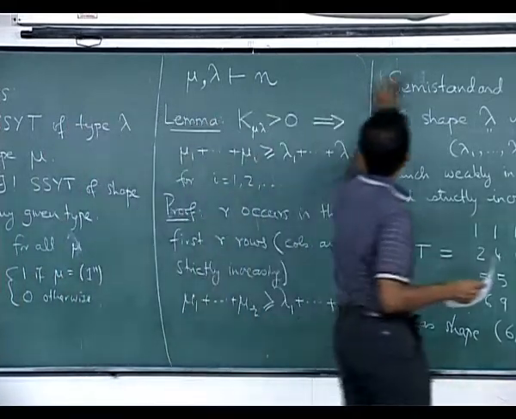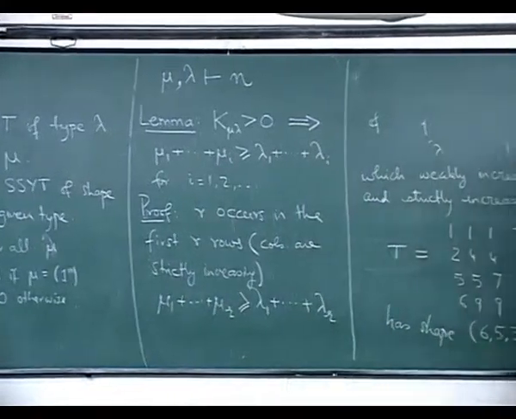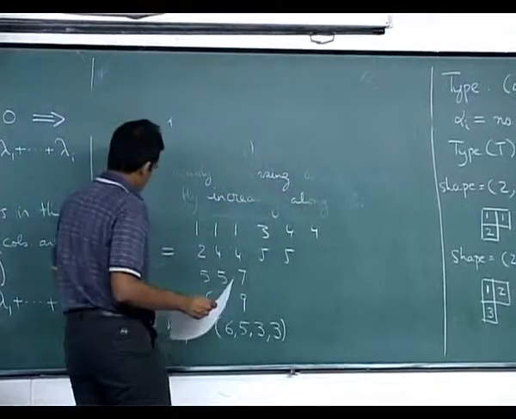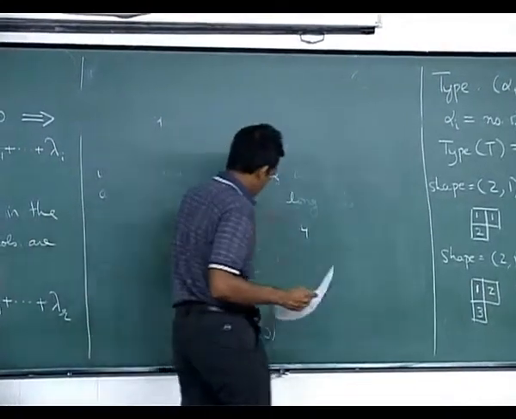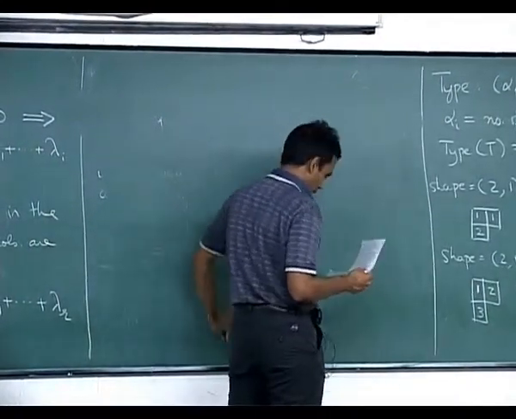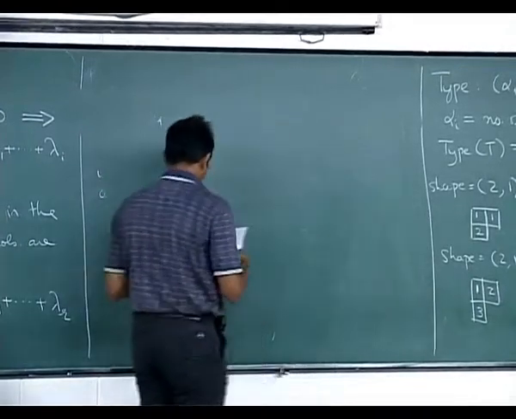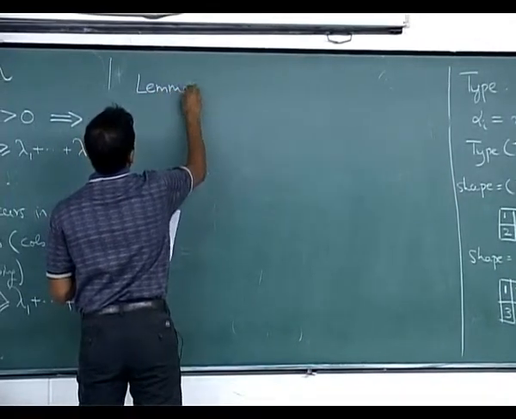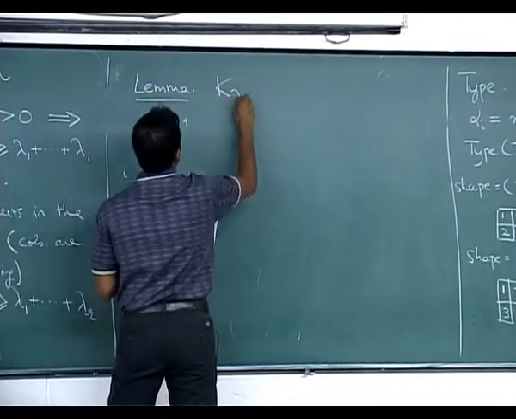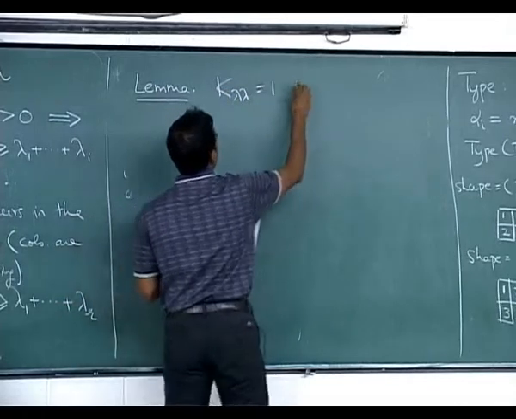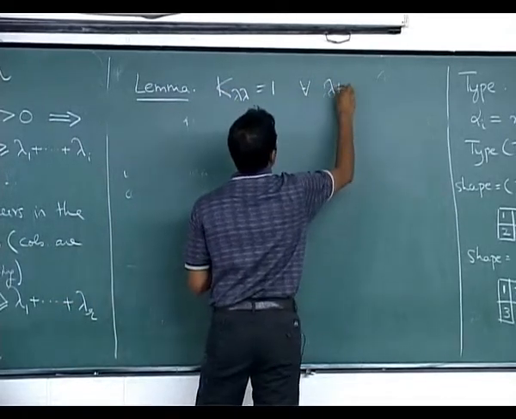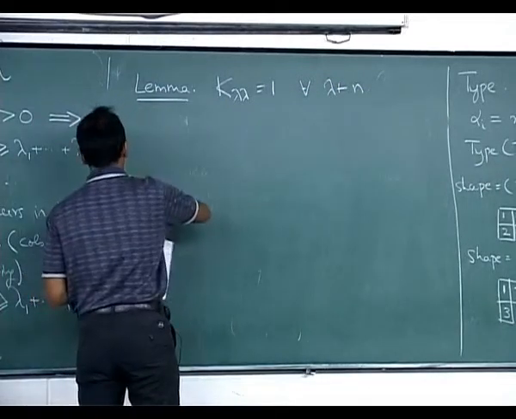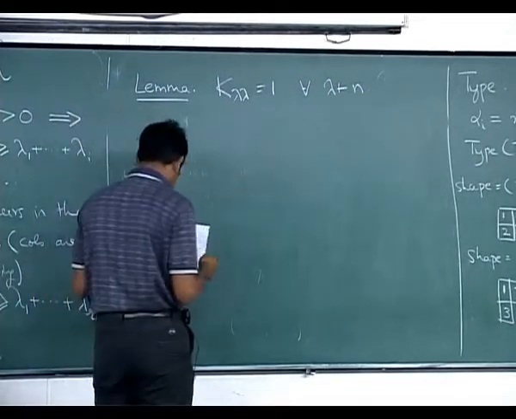The other thing we need to know for the purposes of satisfying the hypotheses of the combinatorial resolution theorem is that K_{lambda lambda} is equal to 1, for every partition lambda. n is somewhat irrelevant here.